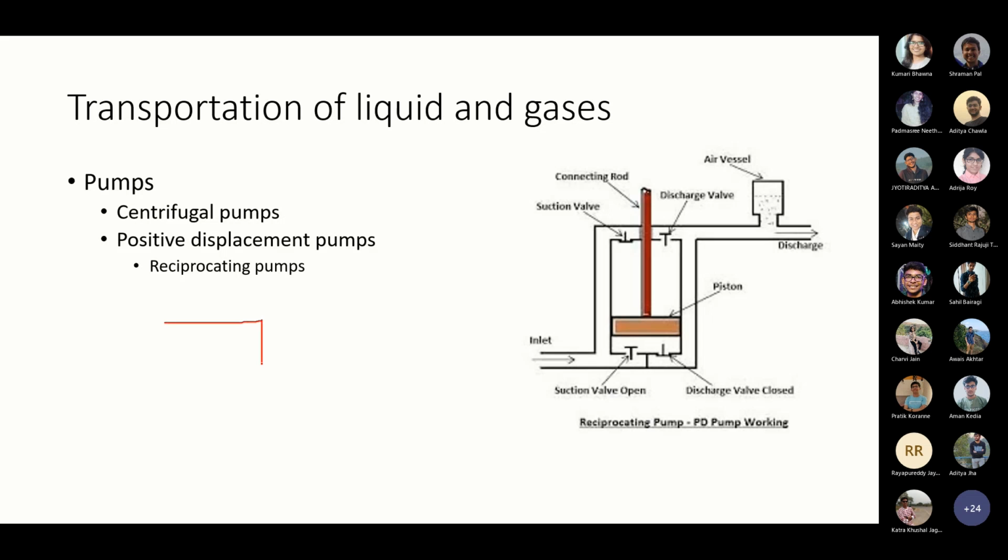So this is a cylinder, a simple cylinder. Here we have a piston.